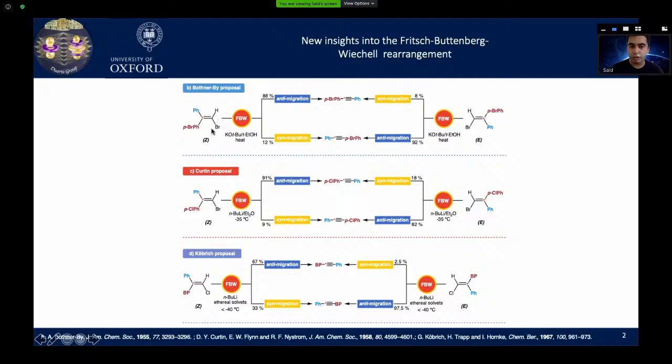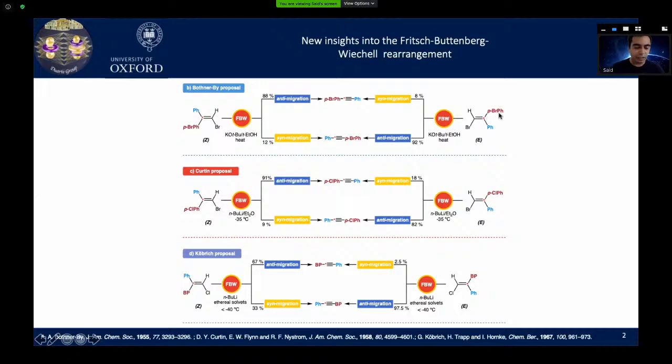In the Bothner-By experiment, the phenyl group is migrating with higher yields. And from the E isomer, you have the substituted phenyl group migrating preferentially over the phenyl group. So in this case, the anti-migration is preferred.